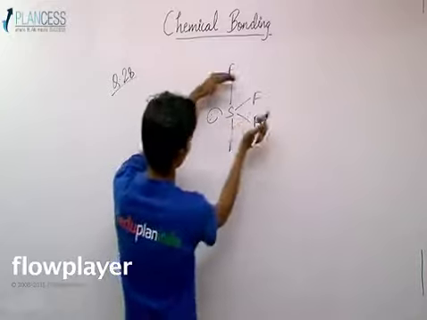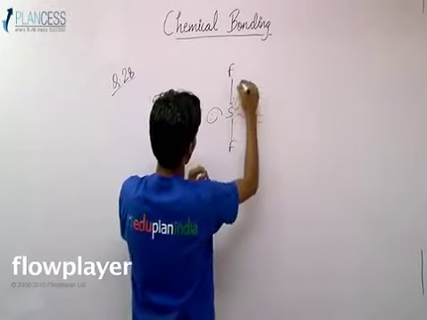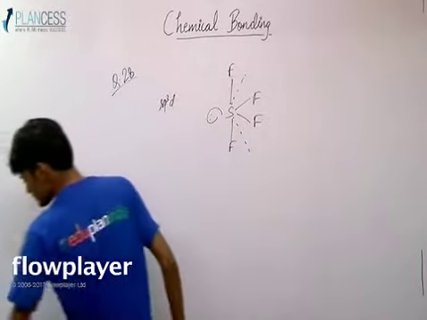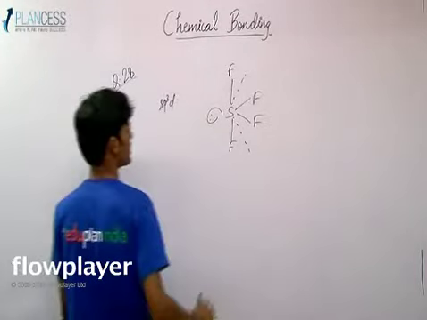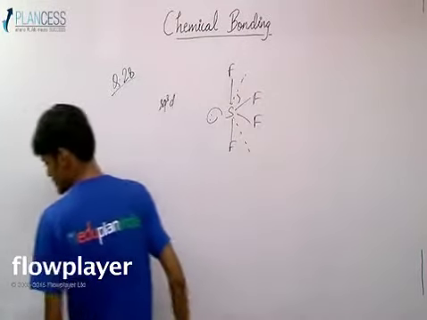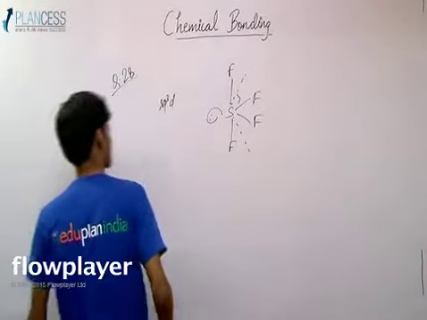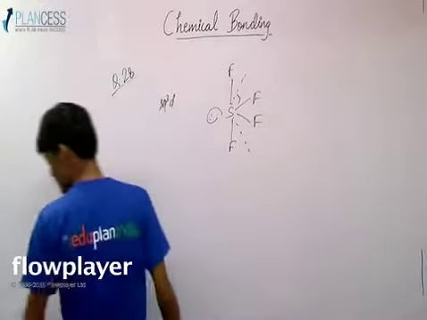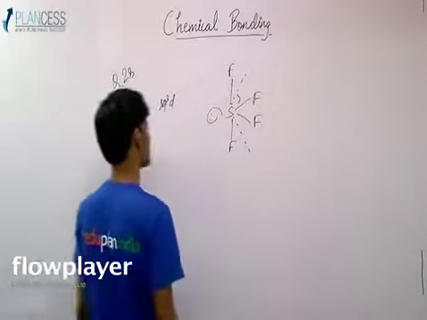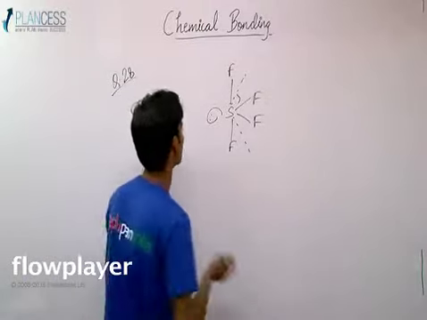Because of this repulsion, there would be some distortion here also. So the statement is that all angles are greater than 90 degrees. However, this is not the case, because this angle would in turn be less than 90 degrees. The second statement says that the lone pair bond pair repulsion is stronger than the bond pair bond pair repulsion, which is in turn true.